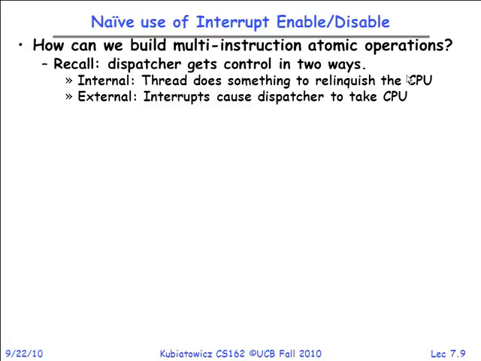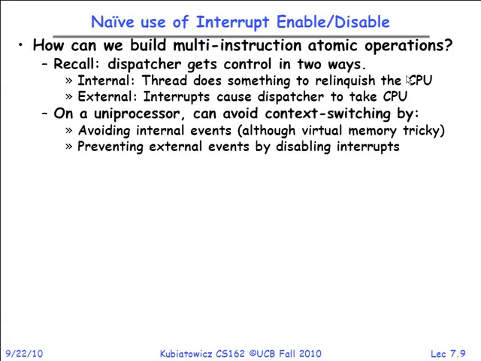So we've got to be a little careful. On a uniprocessor, disabling interrupts basically allows us to prevent the external things, and as long as we avoid the internal events, we're okay. What about a multiprocessor? If we have more than one core in the system and we disable interrupts on one core, does that prevent the other core from going in there and messing us up?